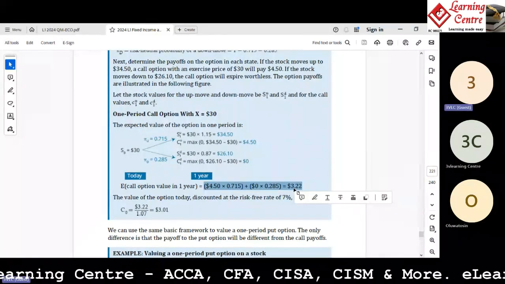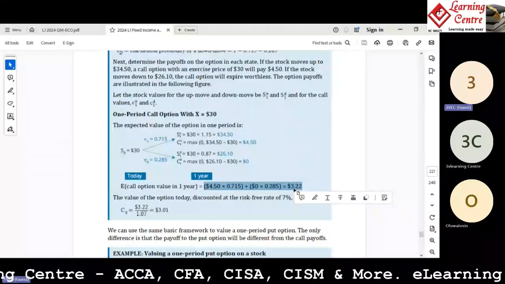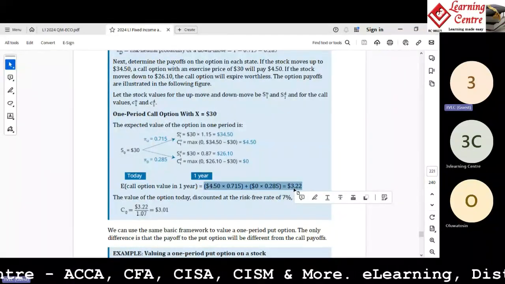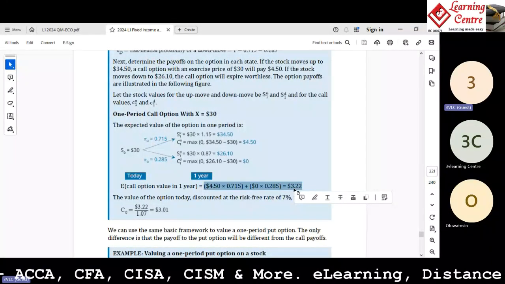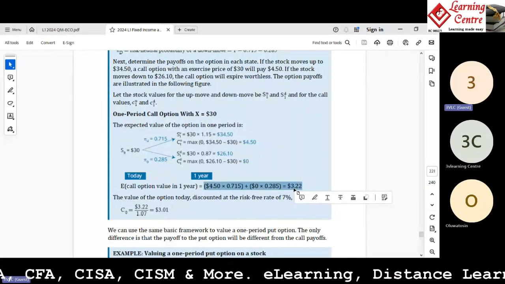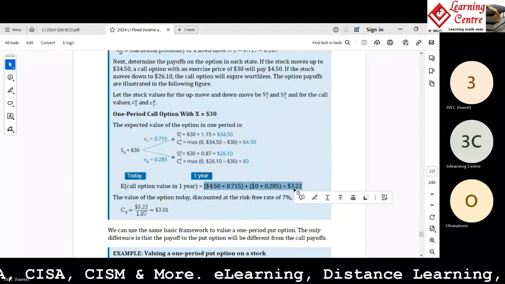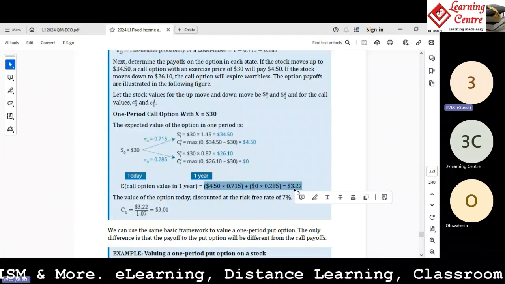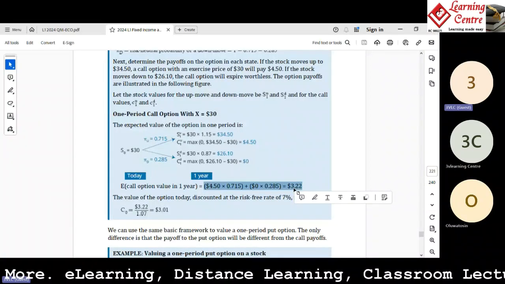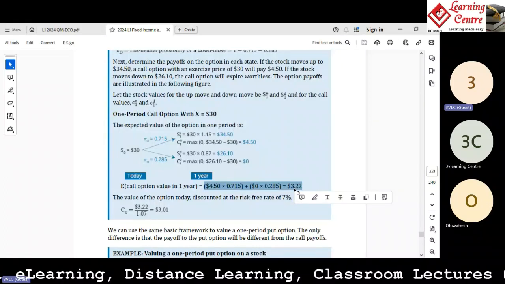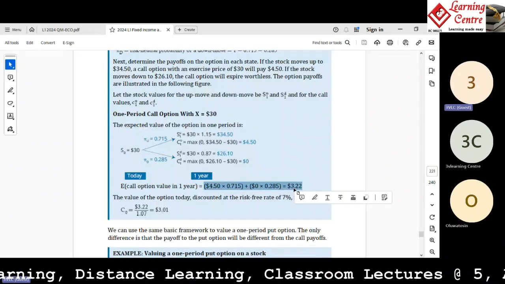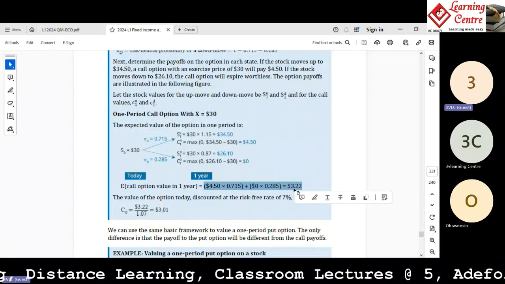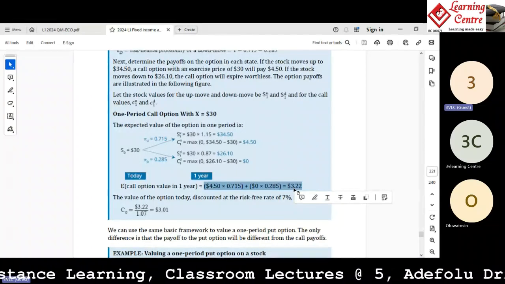Now, if it goes up, we have said that we will do what? We will exercise. And if I exercise it, it will be 34.5. So if I exercise this, it will be 34.5 minus 30, which is 4.5. Now, what's the probability that this 4.5 will occur? That's the 4.5 times 0.715.